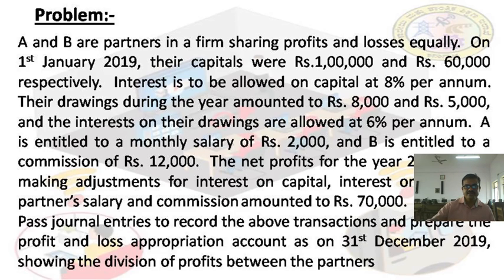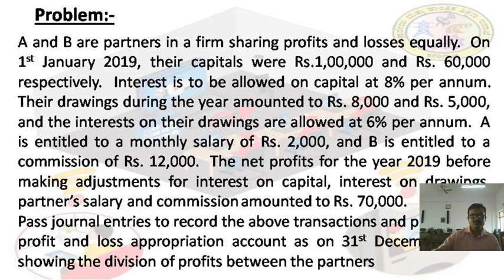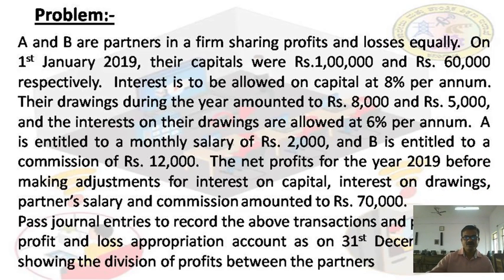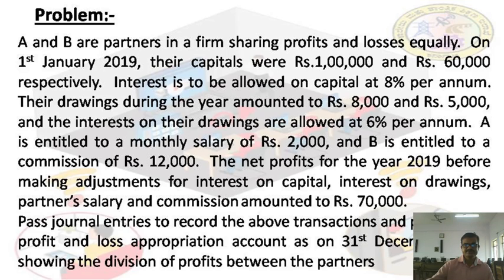A is entitled to a monthly salary of rupees 2,000 and B is entitled to a commission of rupees 12,000. The net profits for the year 2019 before making adjustments for interest on capital, interest on drawings, partner salary and commission amounted to rupees 70,000.